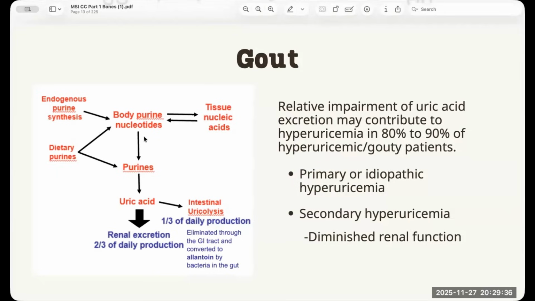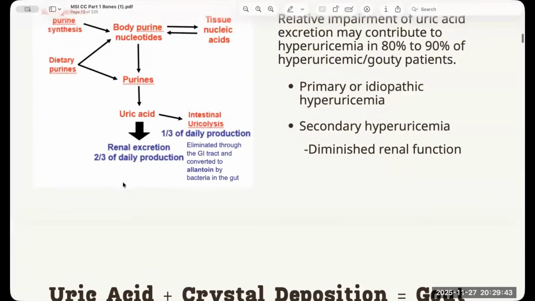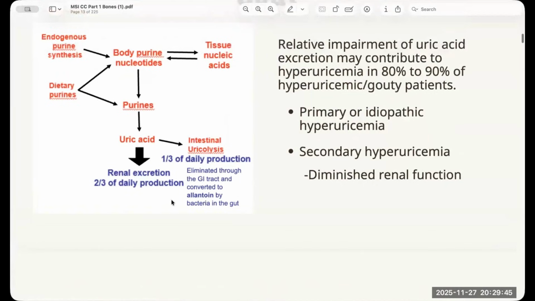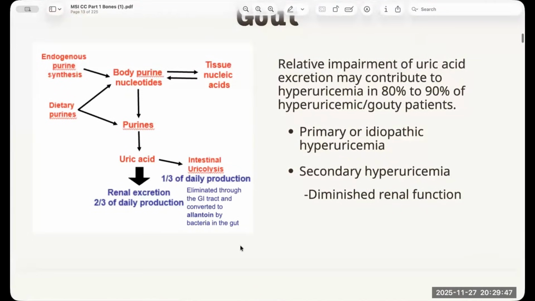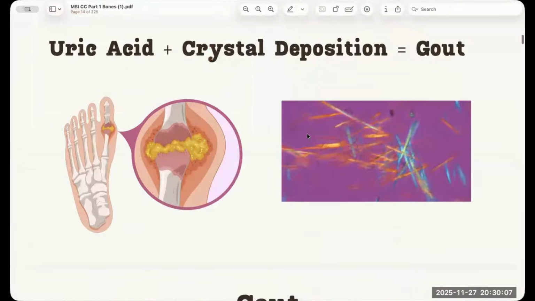Basically those purine nucleotides will deposit along with the crystals to form gout, and we do have renal excretion of uric acid. But again, gout has two types, primary and secondary. The primary is the idiopathic hyperuricemia that we talked about all this time. The secondary is if renal function is diminished, so there is no excretion of the uric acid as there normally should be. All right.